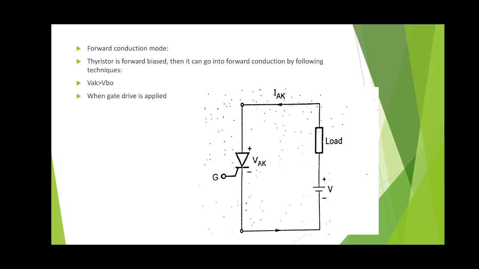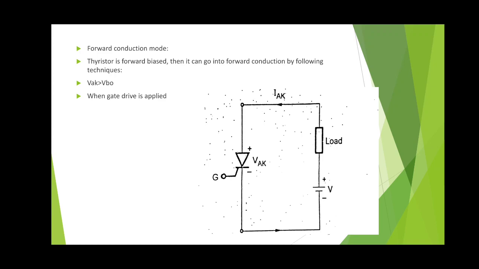The thyristor is driven into forward conduction mode when the anode to cathode voltage, that is VAK, exceeds the forward breakover voltage. The thyristor is said to have turned on when it operates in forward conduction mode.